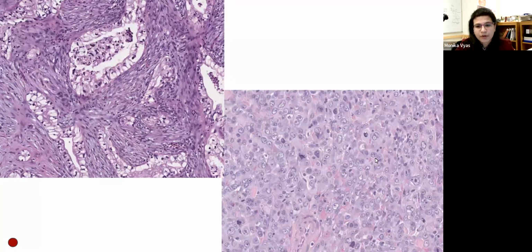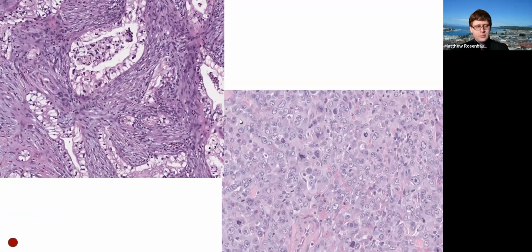Here's an example of a very poorly differentiated or undifferentiated carcinoma involving the pancreas. So you have a sheet-like distribution of very atypical, malignant looking epithelioid cells. You have frequent atypical mitoses here. There is a fair degree of pleomorphism which this tumor is exhibiting. So you have some nuclei which are really big and irregular with prominent nucleoli, and then other background nuclei are much smaller.